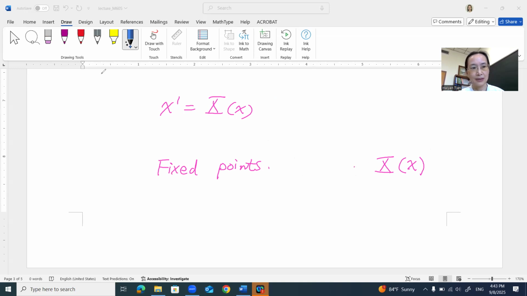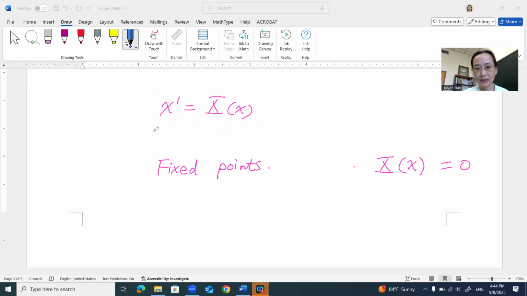Because if the solution is a constant vector, then the derivative of the solution will be 0.